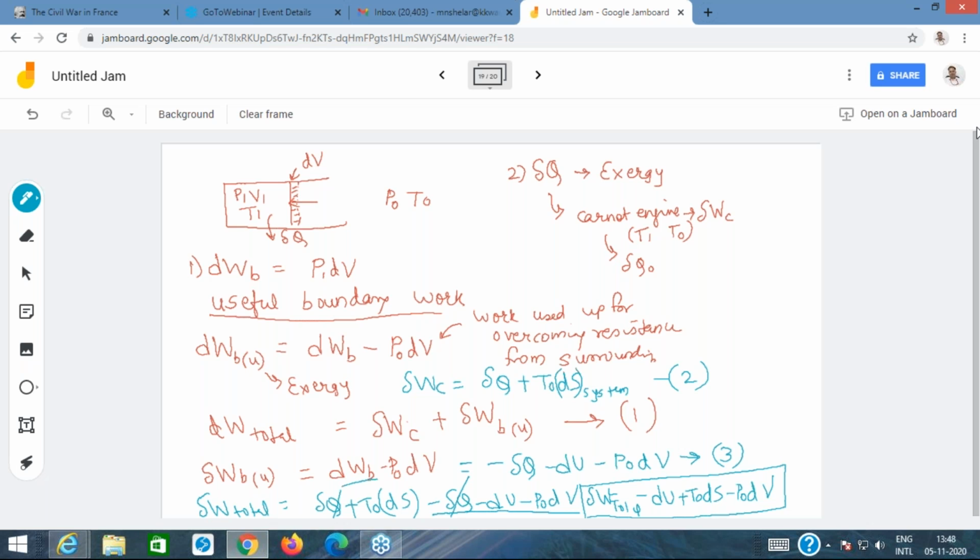Ganesh, is this understood now? Ganesh is saying he has understood. Others have understood. Anybody who has not understood this? If you have not understood this, I will repeat this derivation in the next class.